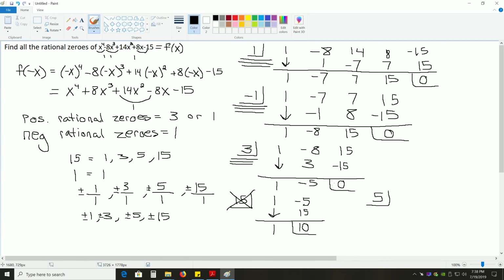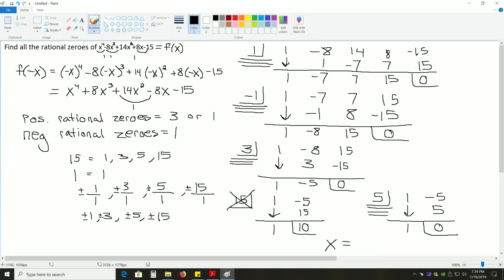So we go back to the last time our remainder was 0, and we use the last quotient, 1 and -5. We bring down our 1, we get 5 times 1 is 5, add that to the -5, and we're left with 0. A remainder of 0 means it does work out, so we can give our list of solutions.